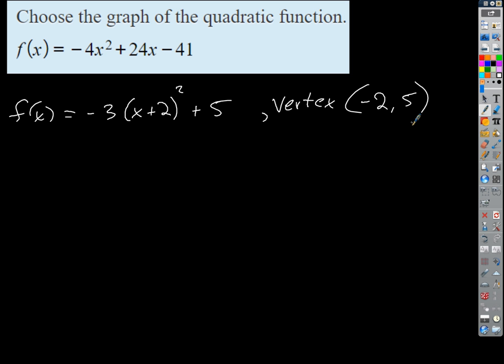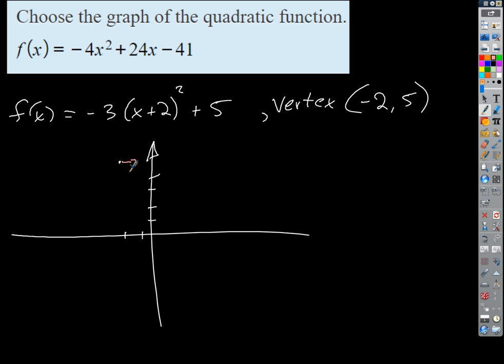If we wanted to go to, let's see, we wanted to go -2, +5, there's going to be our vertex, right? And instead of going like we normally would, going over 1 and up 1 to get to the next point, we're going to go over 1 and we're going to go up 1 times -3, right?